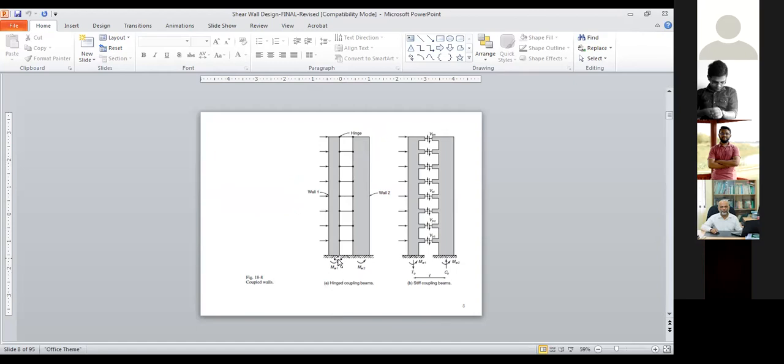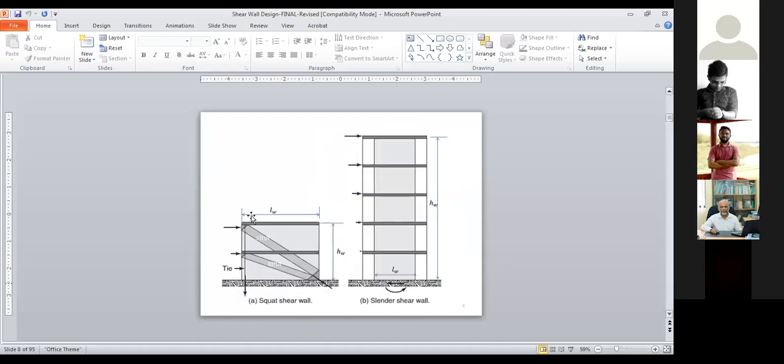So you don't have only the individual movement, the movement from the frame is coming here. And you can also have stiff coupling beams, and you may make the wall connectors that can take the shear force and also the movement, something like the coupling using the coupling beams.